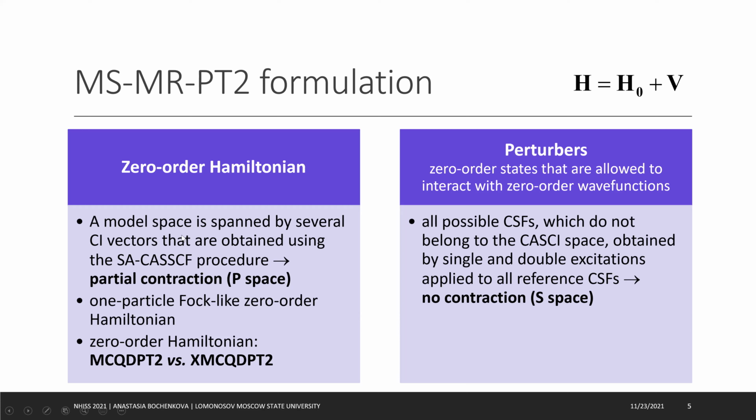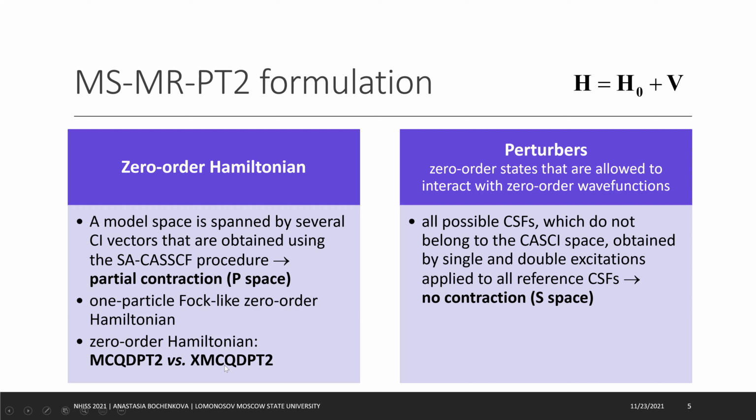Since we use not the entire CASCI Hamiltonian but only a few states, we work with partial contraction in our primary space. Then we use a one-particle Fock-like zero-order Hamiltonian, like for example in CASPT2 theory, which is quite similar in this regard.